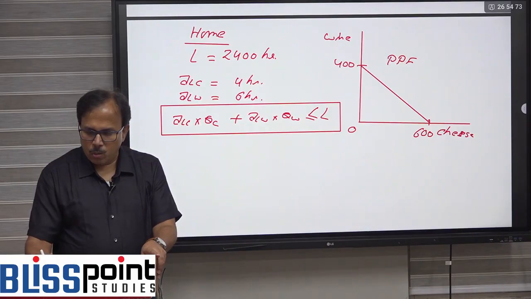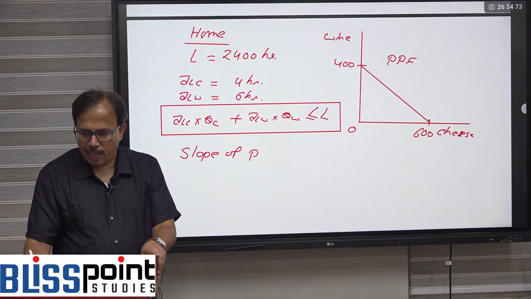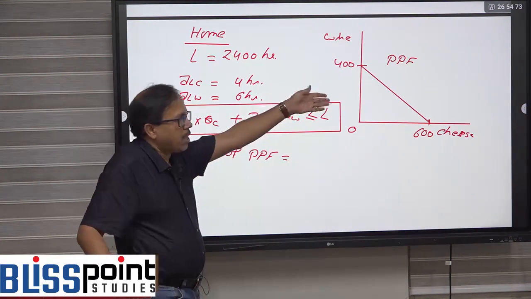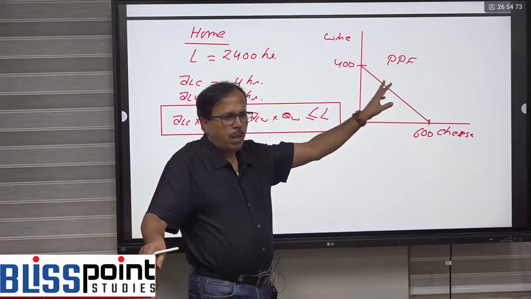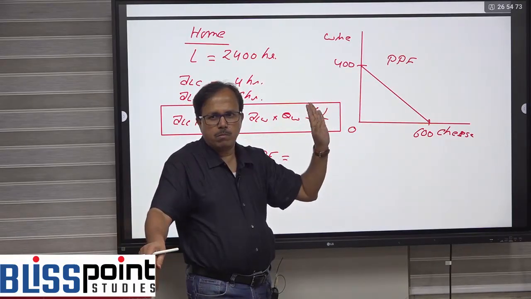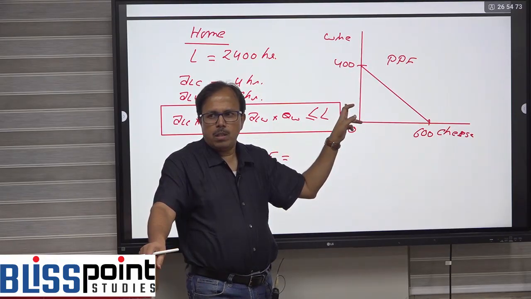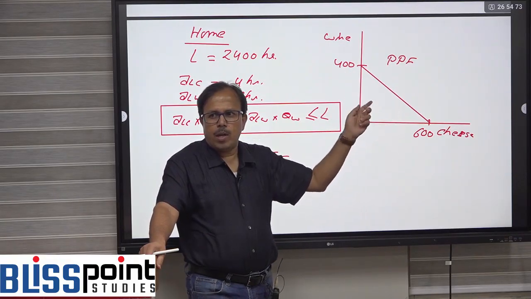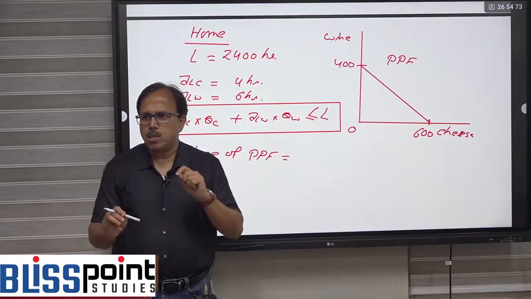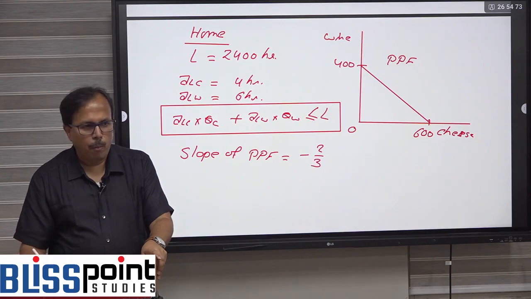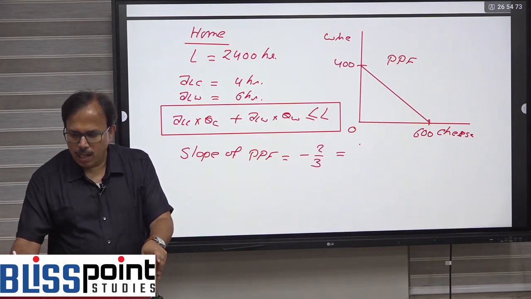So if you have written the equation of the line, what is the slope of that line, that is PPF? But if I have marked the slope, you can interpret it in different ways. Say perpendicular by base, the simplest and easiest interpretation. So what is perpendicular? 400, and base is 600, so 400 upon 600 is 4/6, 2/3, so slope is negative 2/3. Can it be written as ALC upon ALW?